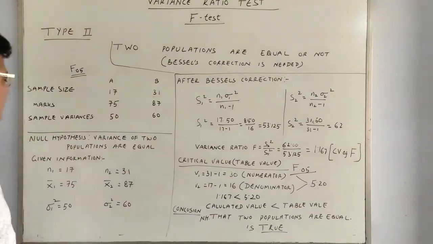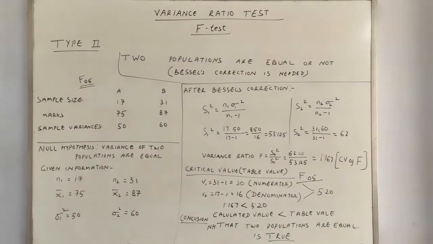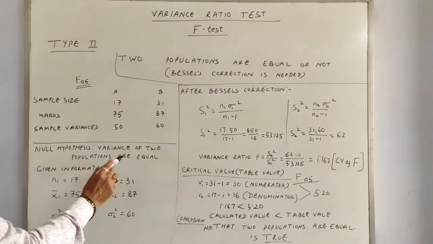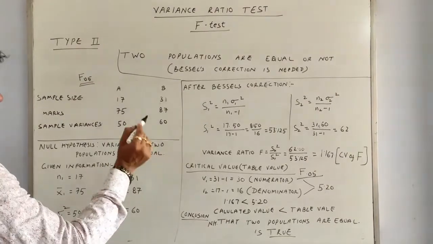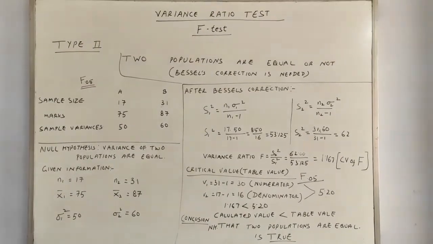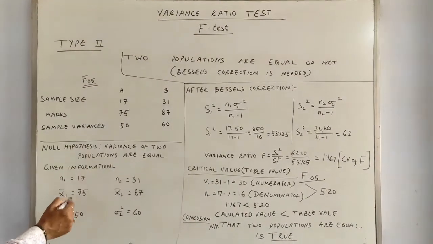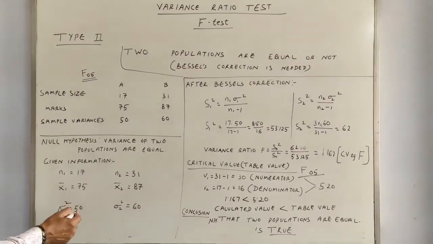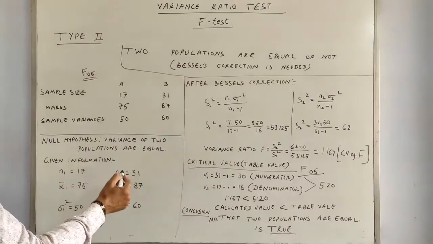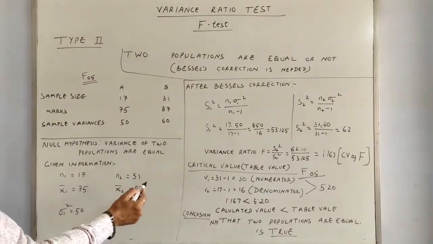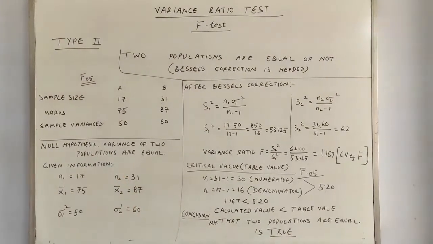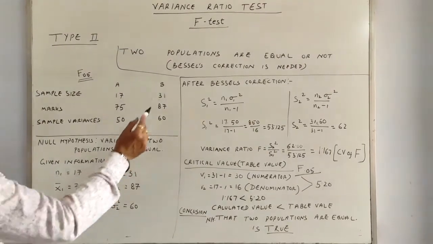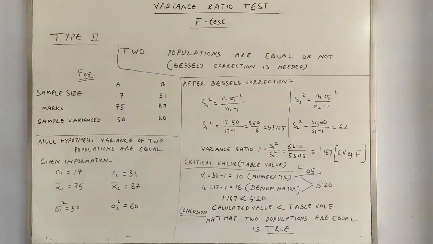So this is the question. Our null hypothesis will be that the variances of the two populations are equal. The given information: n1 is 17, x bar 1 is 75, variance S1 square is 50, and we also have n2 is 31, x bar 2 is 87, and S2 square is 60.